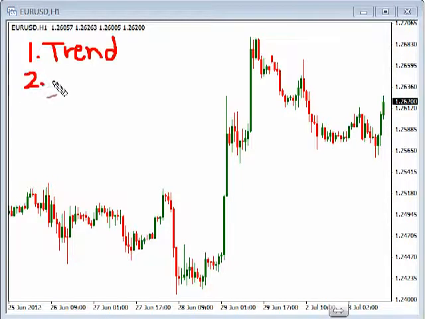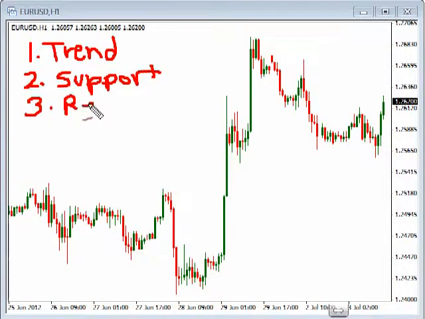Second thing, we want to identify the support, especially if it's in an uptrend. We want to also identify the resistance, and that's going to give us the areas that will help us identify where we're going to place our targets, our stop losses, and those types of things.